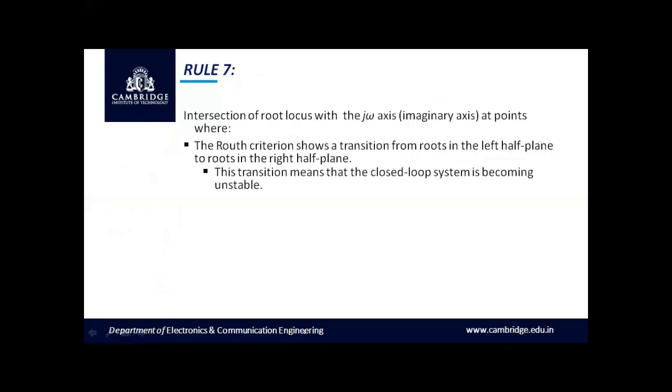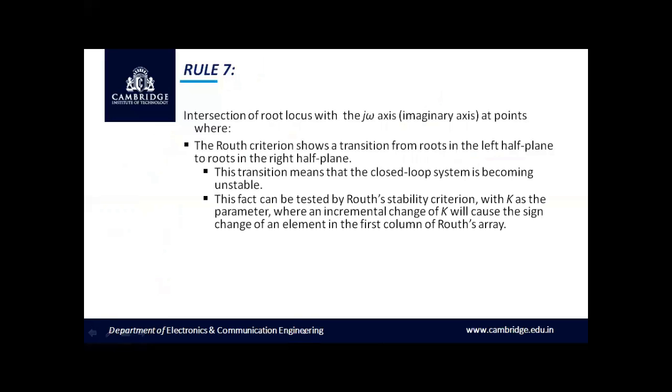And this transition means that the closed loop system is becoming unstable. That's what I told you right now. This fact can be tested by a Routh stability criterion with k as a parameter, where an incremental change of k will cause the sign change of the element in the first column of the Routh array. So the steps to be followed here are: we have to write the characteristic equation, then we have to generate the Routh array.